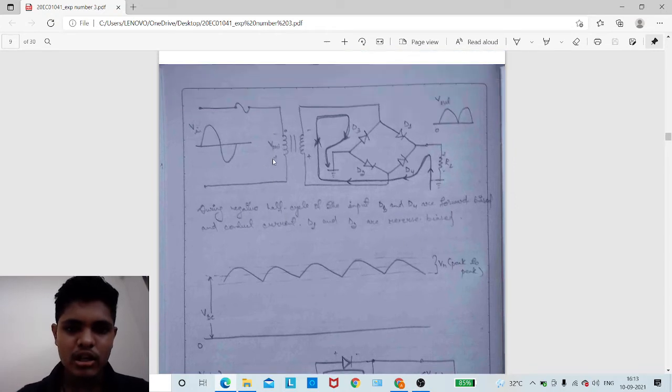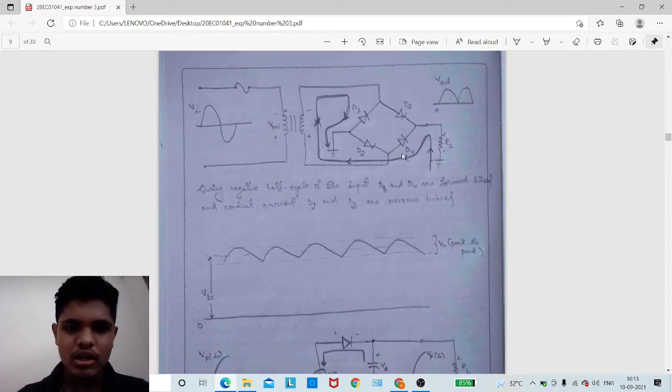And this is the circuit diagram for the negative half cycle of the full wave bridge rectifier, in which D3 and D4 will be forward biased and D1 and D2 will be reverse biased. So D1 and D2 will be open circuited and D3 and D4 will be short circuited, and this will be the path for the current.